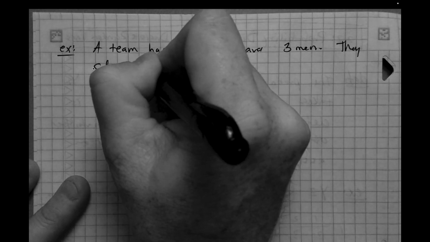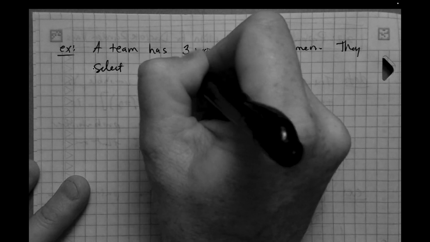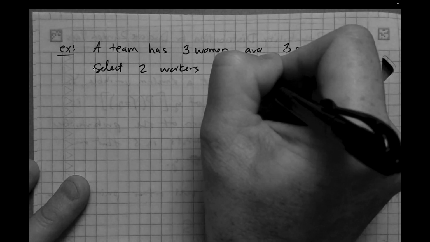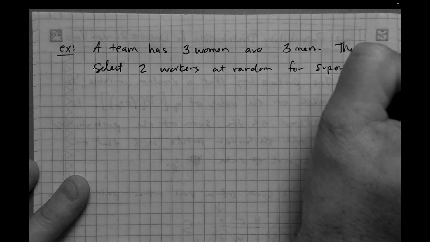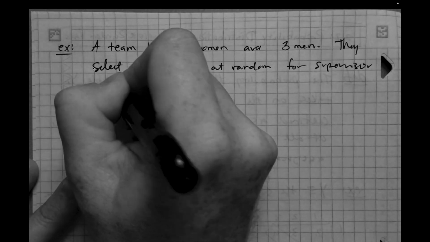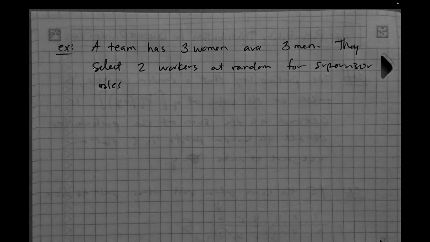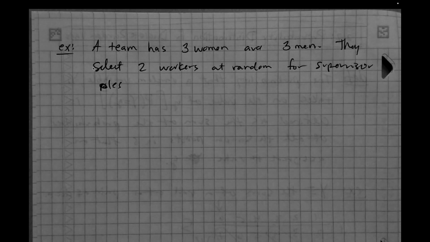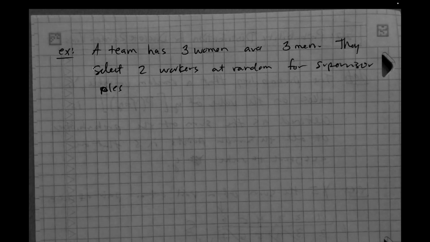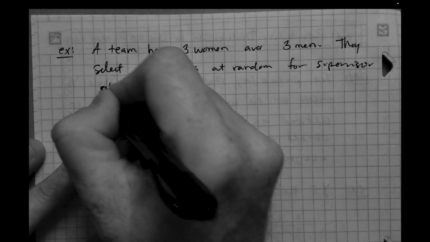So a team has 3 women and 3 men. From these 6 people, they select 2 workers at random for supervisor roles.